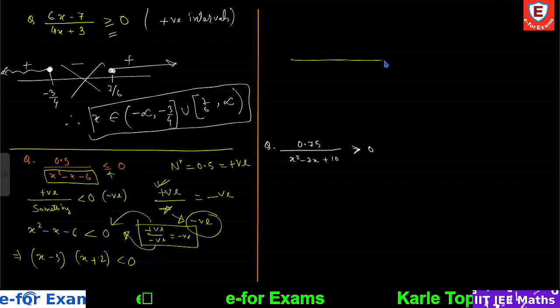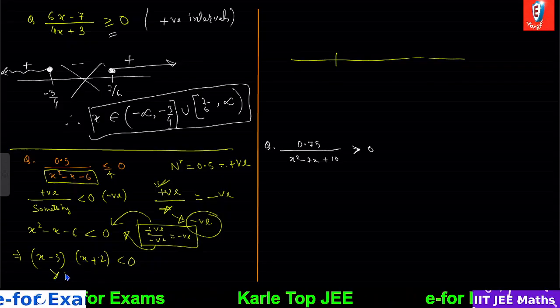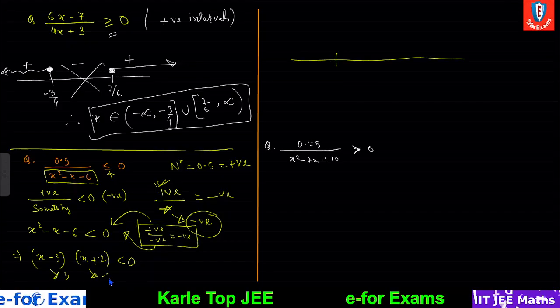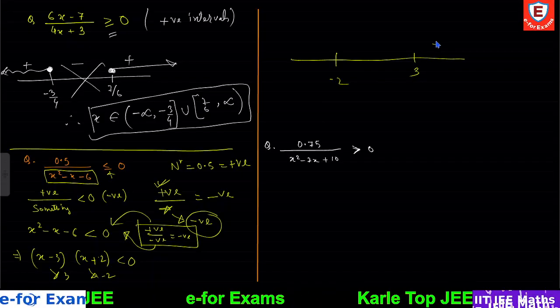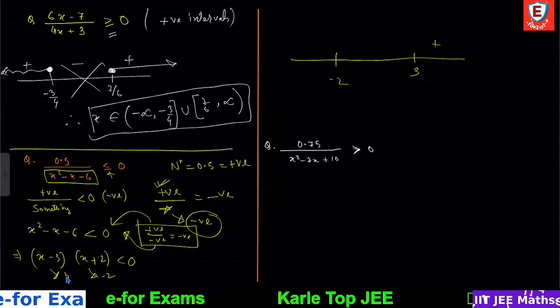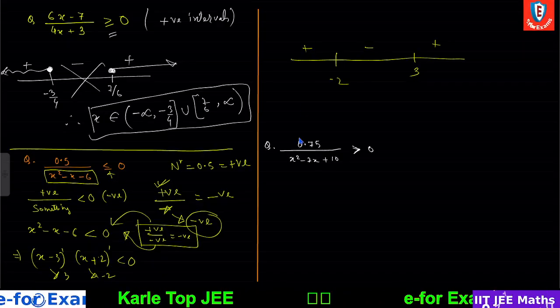Now plot. From here it will be 3. From here it will be minus 2. Minus 2, 3. Here all the powers are odd, right? So plus, minus, plus.